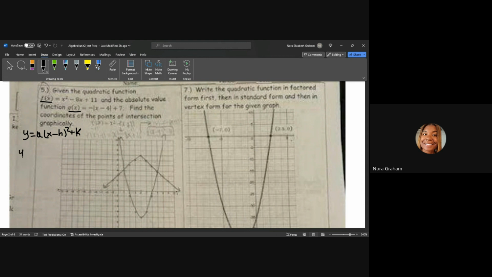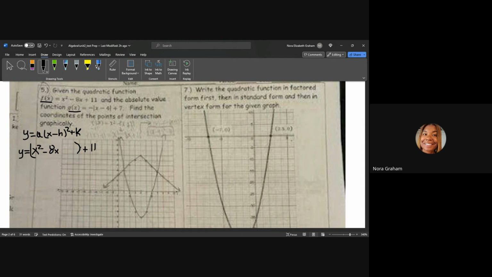So for this one, I'll have y equals x squared minus 8x. And I'll leave some space because then we want to have this as something we're going to factor. And on the outside of our parentheses, we put our constant, which is 11.